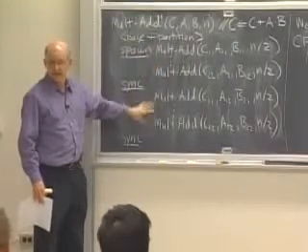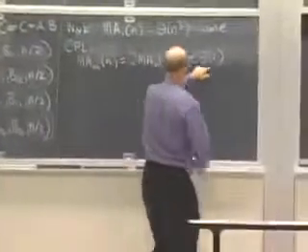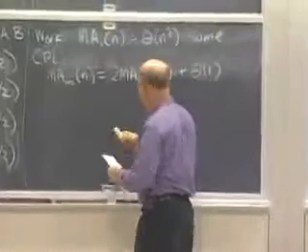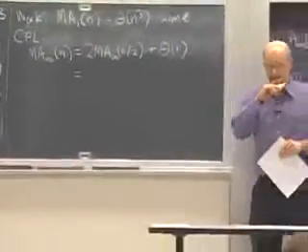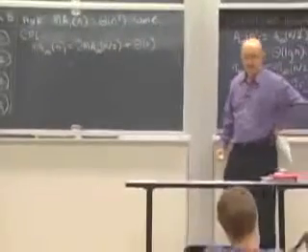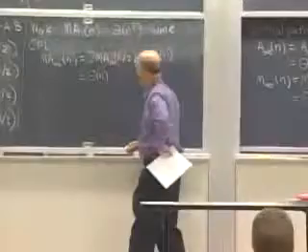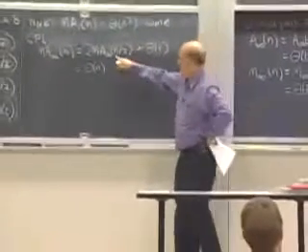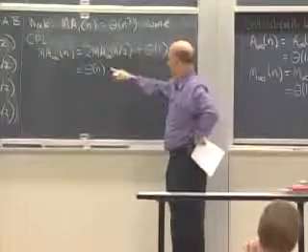Okay? So people see that? So I get this recurrence, 2 MA infinity of n over 2 plus order 1. And what's the solution of that? Yeah, that's order n. Because n to the log base 2 of 2 is n, and that's bigger than 1, so we get order n.